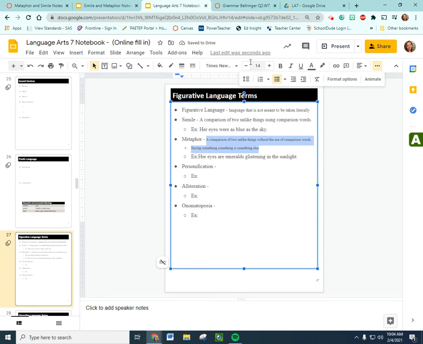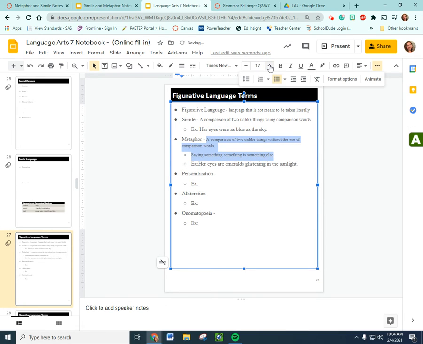Now that I've changed the spacing there, I can make that a little bit bigger so we can see it. And just so it's easier for me to see, I'm bolding and underlining the terms here.